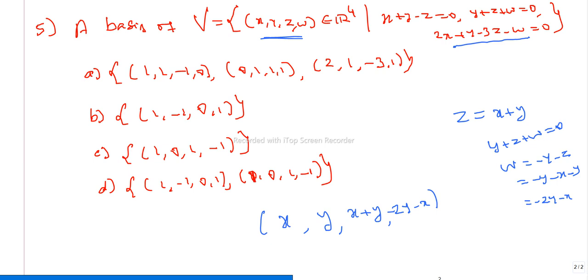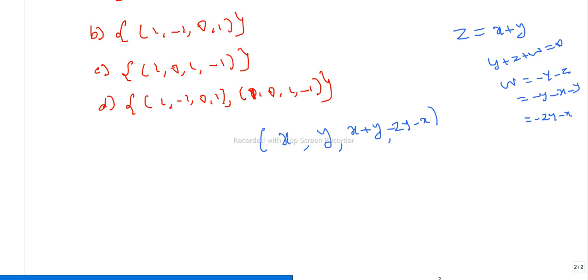I think it is not possible. Anyway, now if you take x outside, what you will get? 1 comma 0 comma 1 comma minus 1. If you take y outside, 0 comma 1 comma 1 comma minus 2.